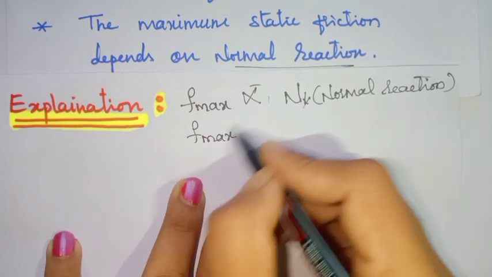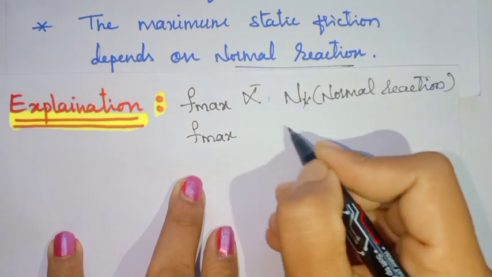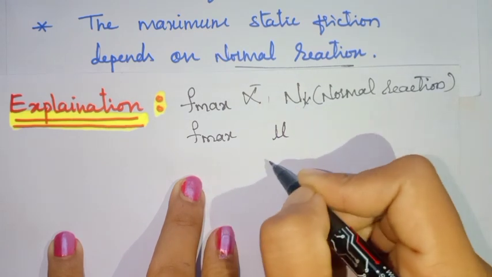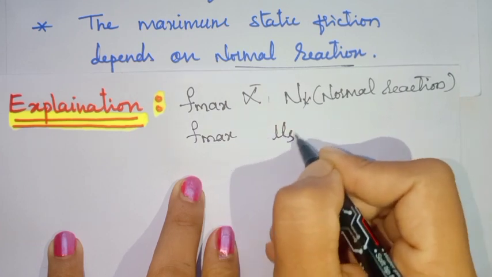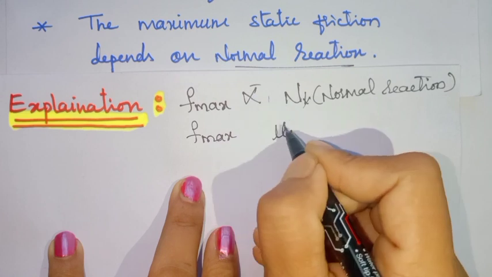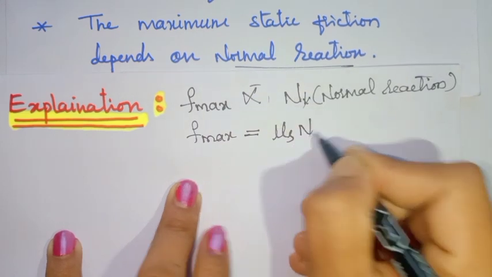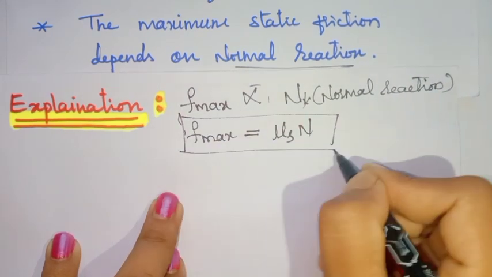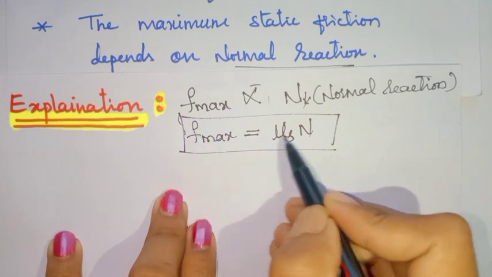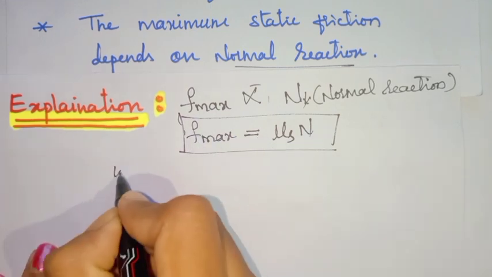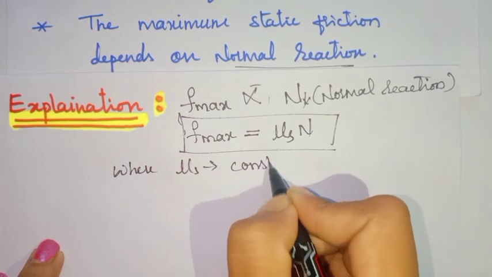To remove this proportionality, we have to introduce a constant term, which we call mu S. Mu S means constant of proportionality. As I introduce the constant term, I write the equal to symbol and keep N as it is. So this is the expression for maximum static friction: F max is equal to mu S into N, where mu S is the constant of proportionality.